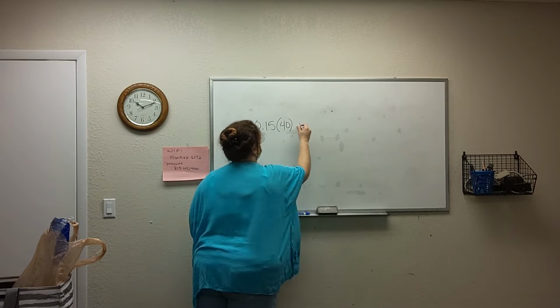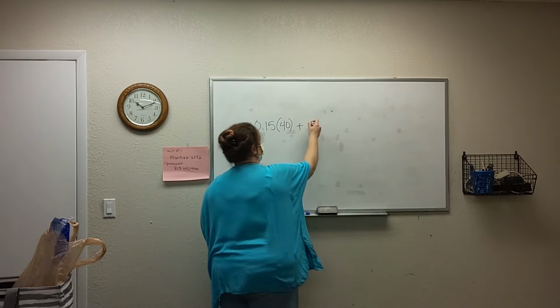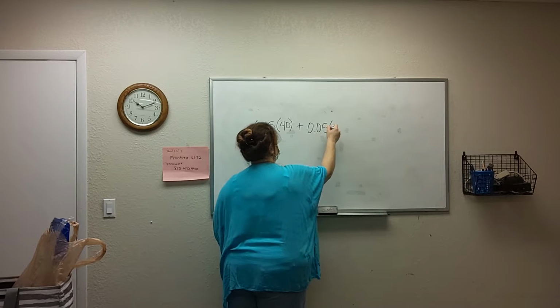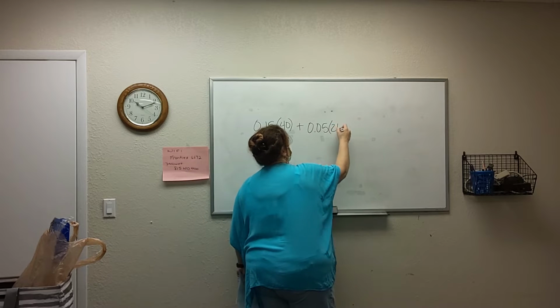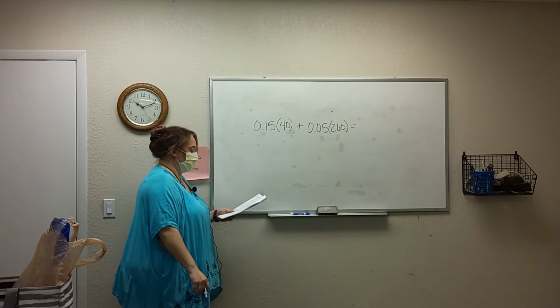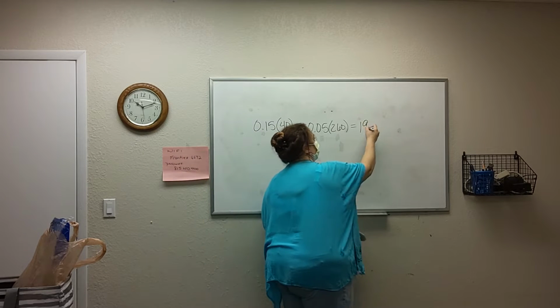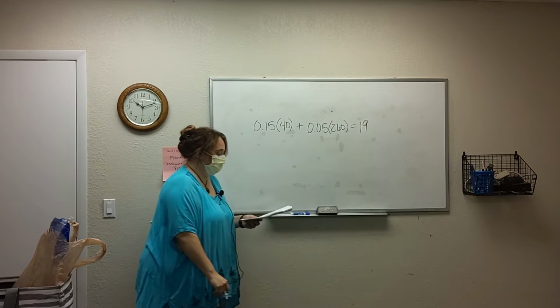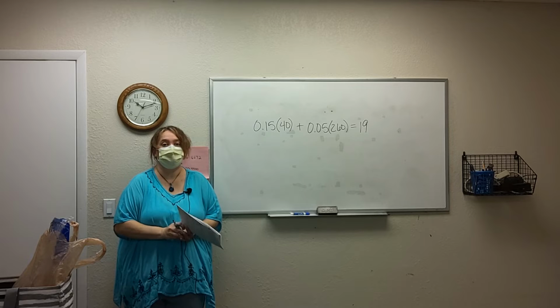Apparently I'm adding. 5% of 260. So 5% as a decimal would be 0.05. Again, move that decimal 2 spots. Of 260. So I'm multiplying by 260. Throw that through your calculator, and it should spit out 19. So if it spits out 19, your answer is A. Okay, again, real basic problem.